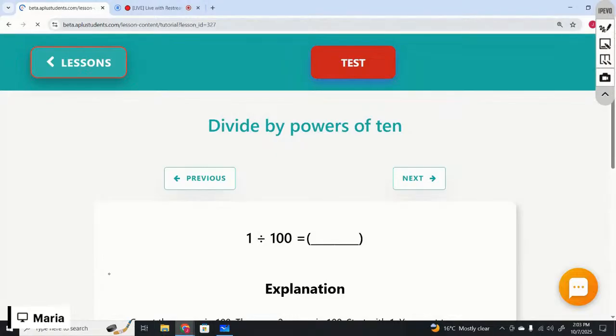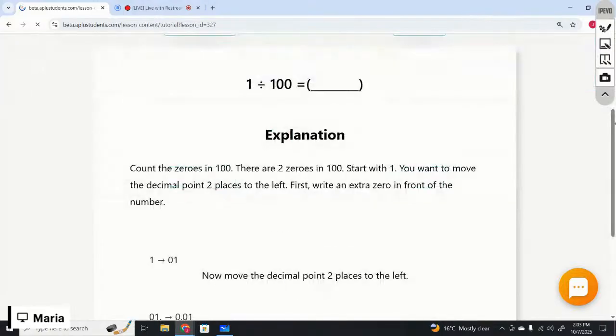1 divided by 100. Count the number. So we have two zeros here, right? So we are dividing it by the one with two zeros.